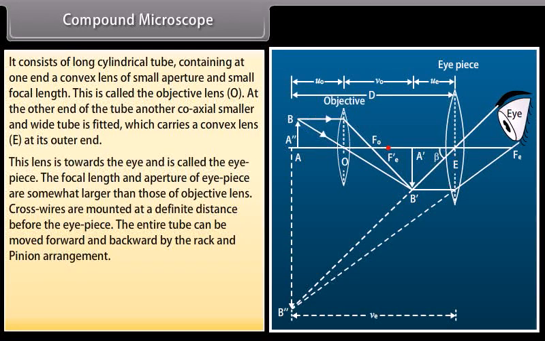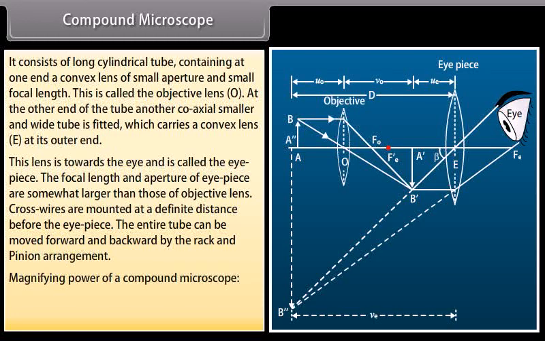This lens is towards the eye and is called the eyepiece. The focal length and aperture of eyepiece are somewhat larger than those of objective lens. Cross wires are mounted at a definite distance before the eyepiece. The entire tube can be moved forward and backward by the rack and pinion arrangement.